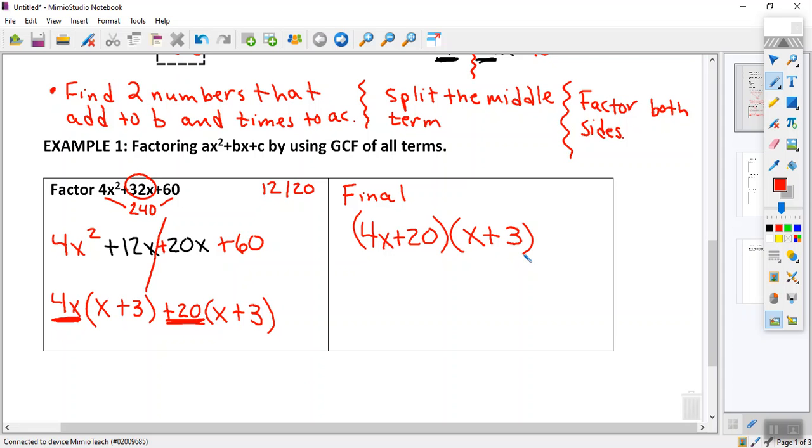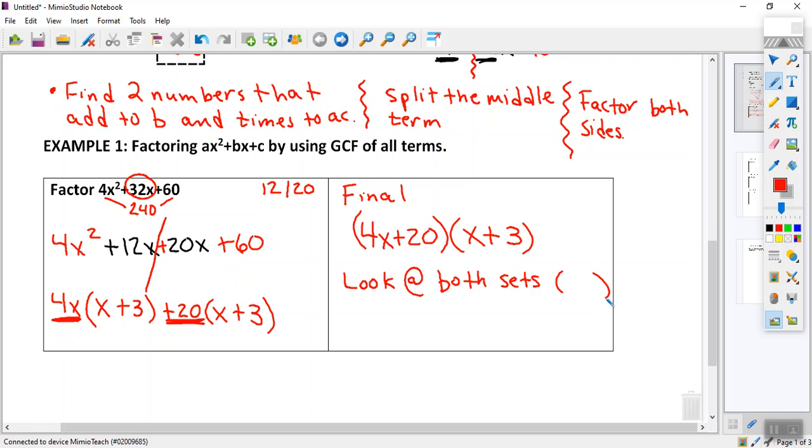All right? Now, I would love to tell you that once you do that step, you're always done. But technically not. I'm going to put one more little note up here. Look at both sets of parentheses now. Look at that first set, 4x plus 20 there, kids, and think of just 4x and 20.